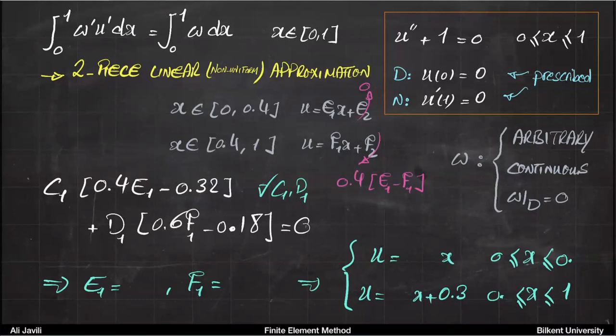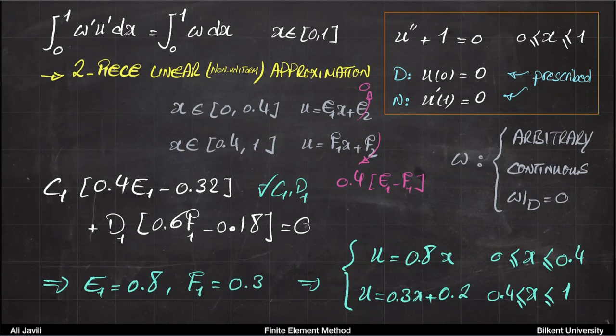So if you do that, E1 would be 0.8, F1 would be 0.3. And if you insert this into your equation, basically your first piece would be 0.8 times X. Your second piece would be 0.3 X plus 0.2. Yeah.